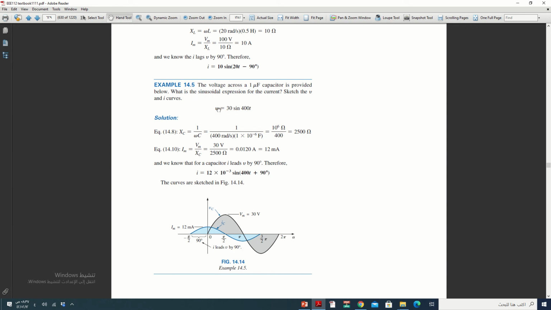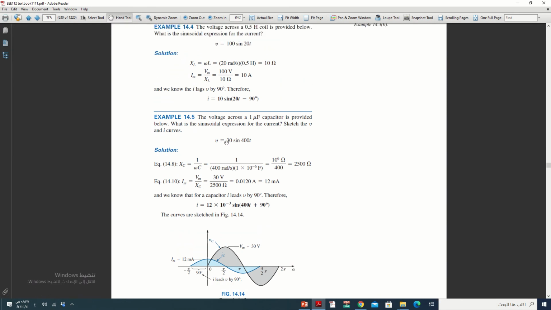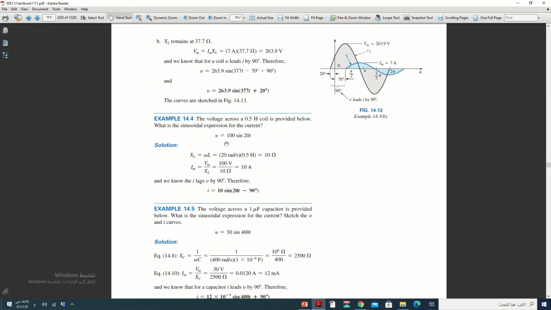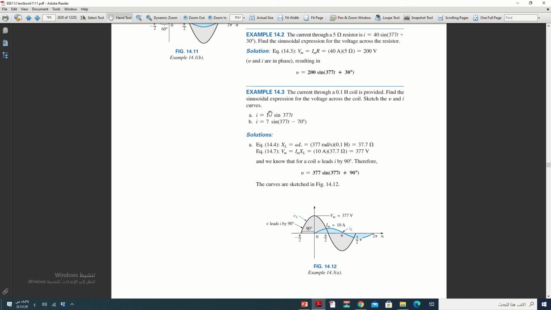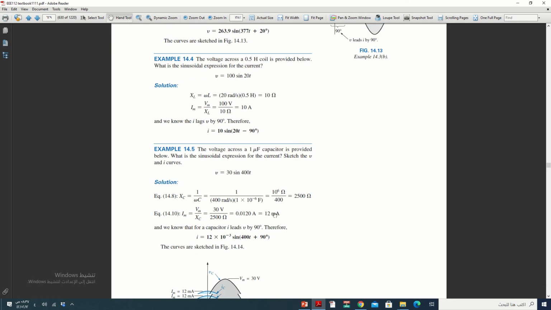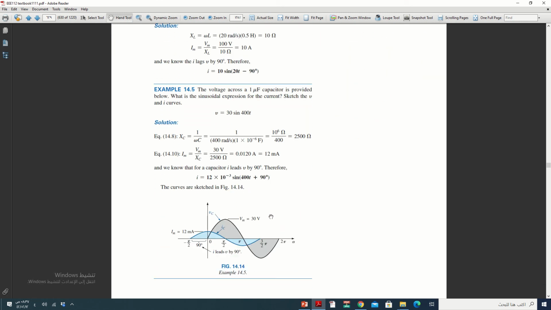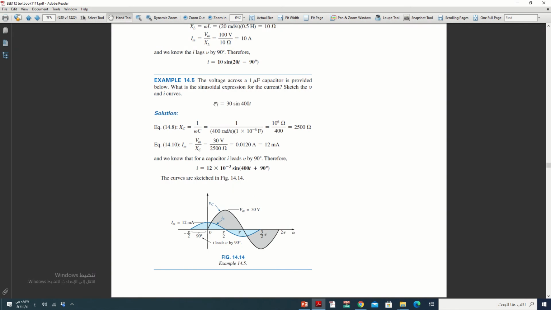Now we have the voltage, not the current. Before, in the inductor, it was given the current. If you remember, they gave us the current and needed to find the voltage. Now here it is the opposite, but it does not mean they may not give you the current and ask about the voltage, or give you the voltage and ask about the current. Don't memorize the answer.